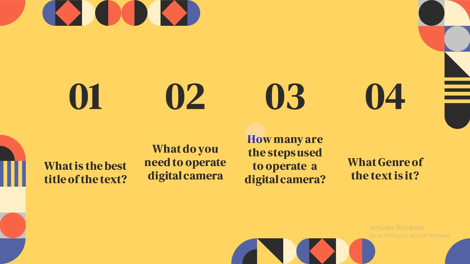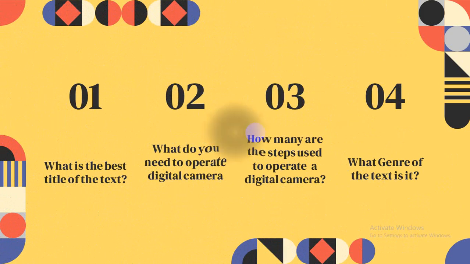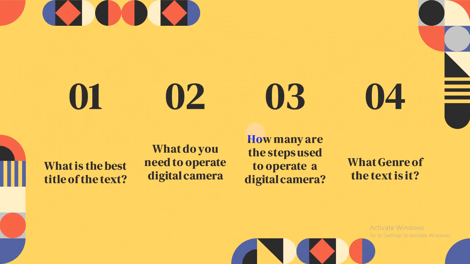Alright, let's match with my answer. What is the best title of the text? The best title of the text is how to use a digital camera. And number 2, what do you need to operate a digital camera?